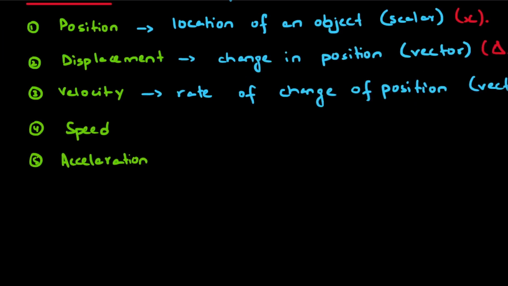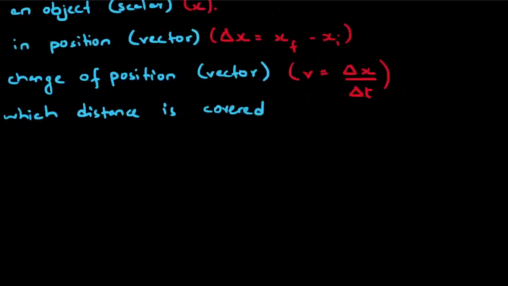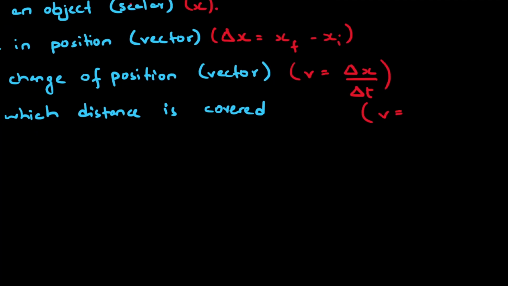And then we have speed, which represents the rate at which distance is covered. Mathematically, we represent it with v equals x divided by t, or just position divided by time. And this is a scalar quantity.